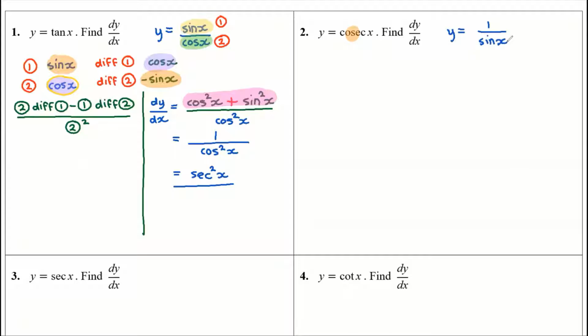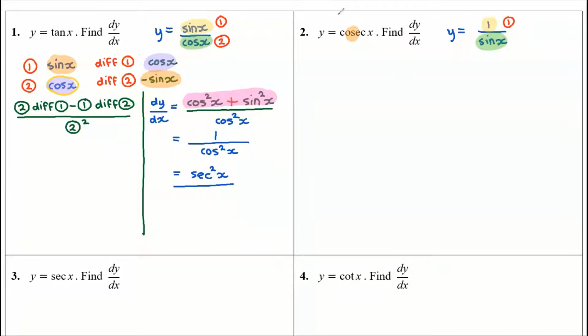Now then, once again, it's a reciprocal trig function. I can still use the quotient rule because I still have a fraction presented in front of me, even though it's just 1, and that's okay. We can differentiate 1. In fact, it's a very easy expression to differentiate, isn't it? So we've got 1, and then sine x in the denominator.